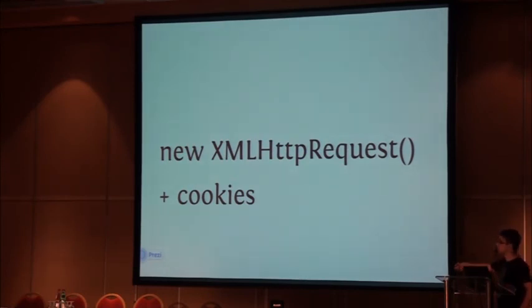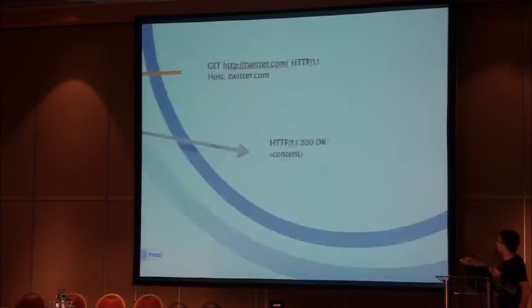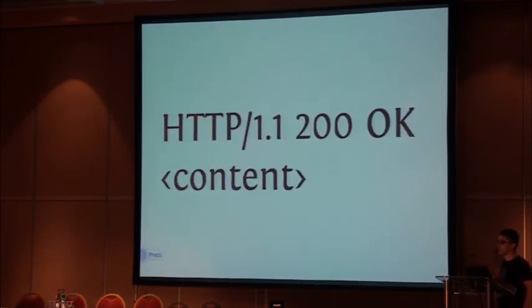The browser happily attaches cookies, and this is the most important part after all. And then I get the response text back, which is what you usually don't have for cross-domain requests. And the response, of course, travels back to my tool and to your HTTP client.